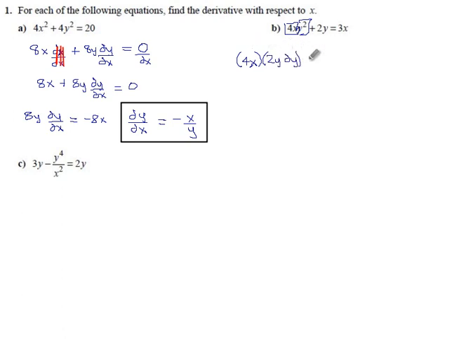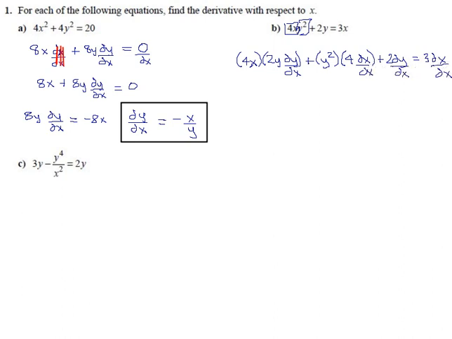So first d second plus second d first, plus the derivative of 2y is 2 dy, and the derivative of 3x is 3 dx. Okay. Now, derivative with respect to x, we divide every single term by dx.